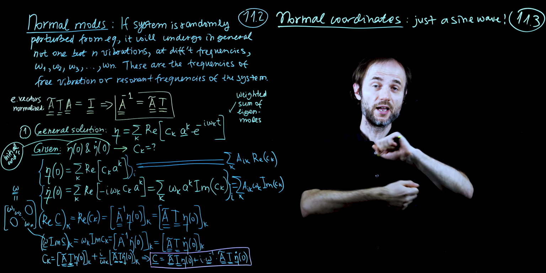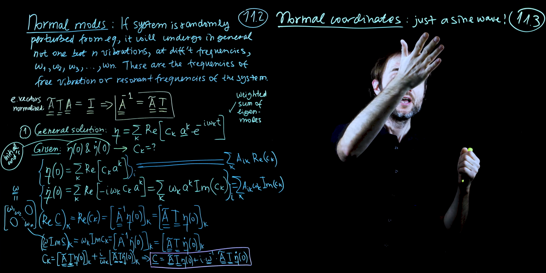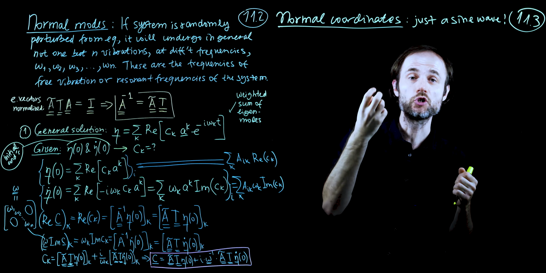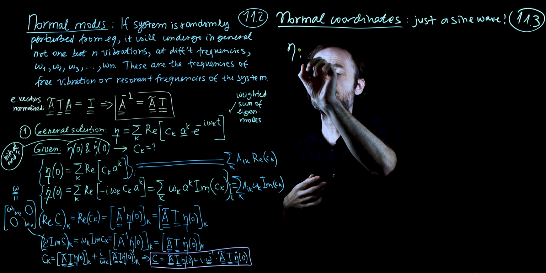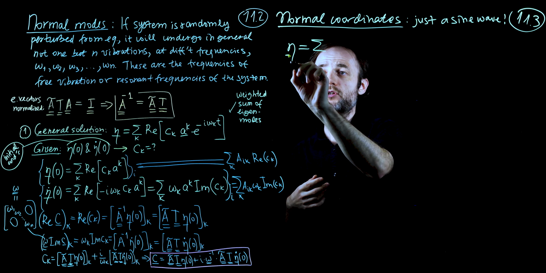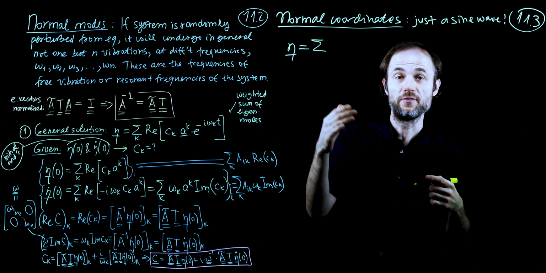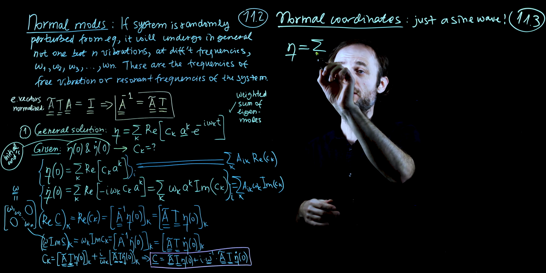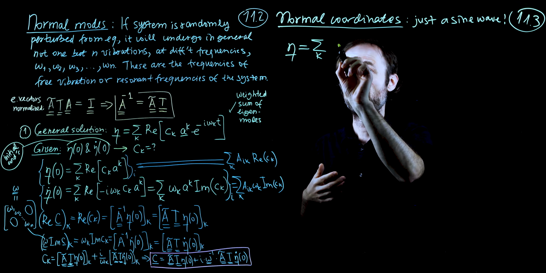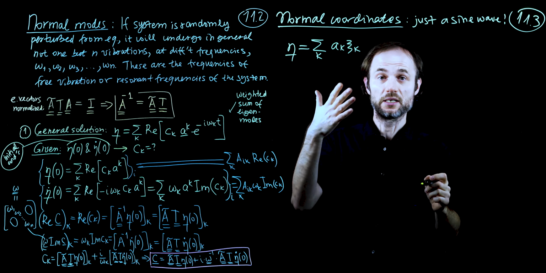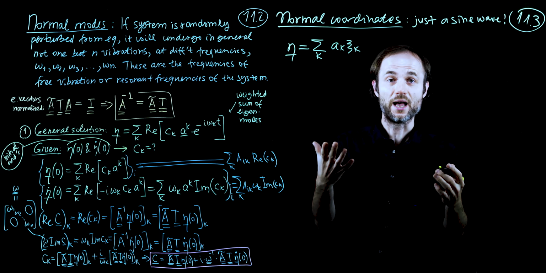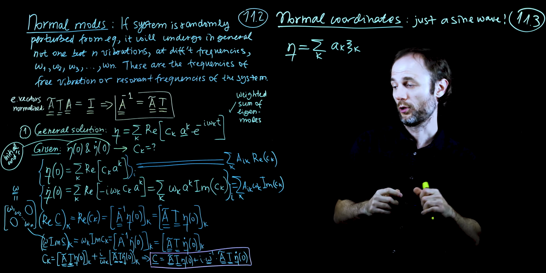What we've done, we've diagonalized the complex interacting system and broke it down into these constituent building blocks. And the way we're doing this is rather simple. We're just saying that our deviation from equilibrium vector eta is the sum of a_k times psi_k, where psi is our normal coordinate.